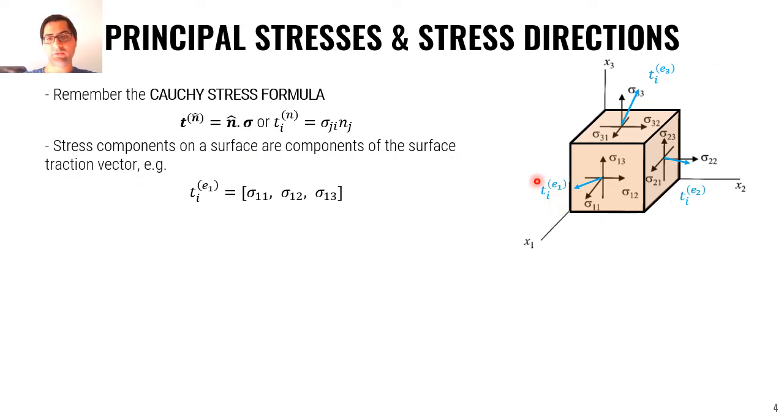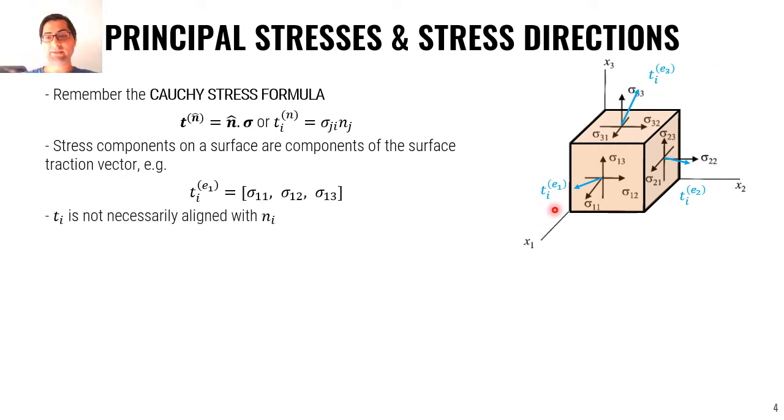For example, for T of E1, meaning the traction on a plane perpendicular to the reference frame's first vector, its components become sigma 11, sigma 12, sigma 13. That is, the stress normal to that plane and stresses parallel to that plane: normal stress and shear stresses.